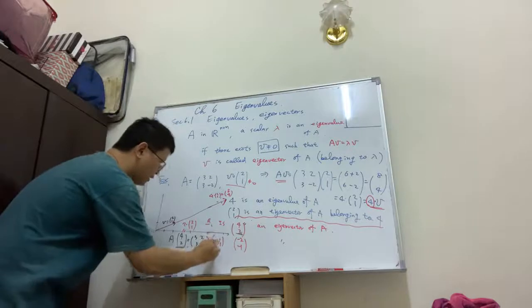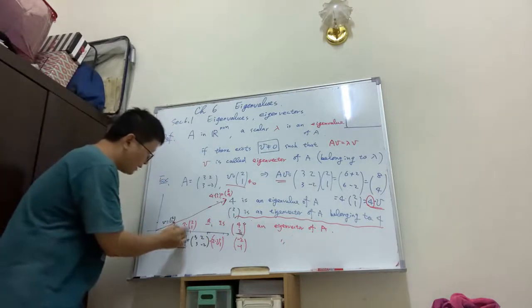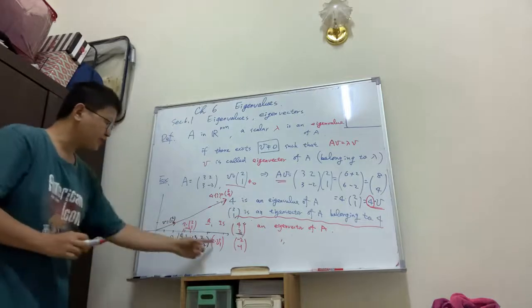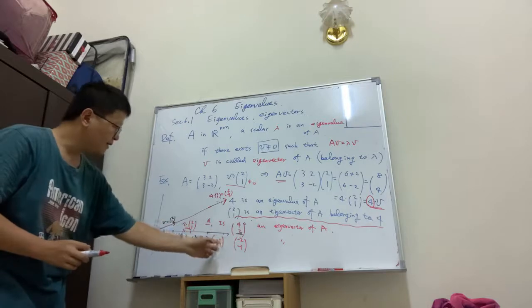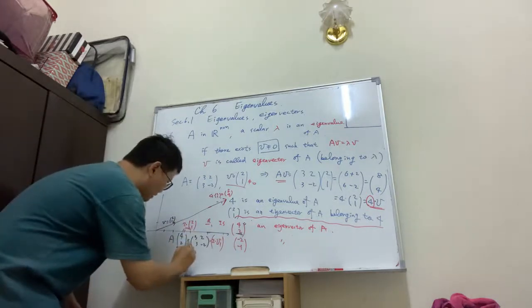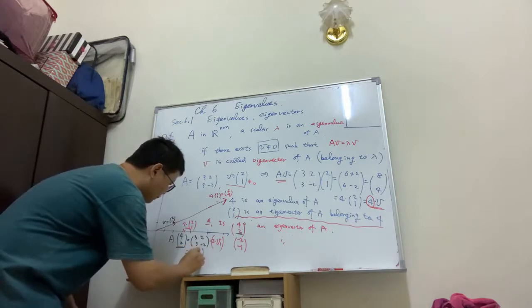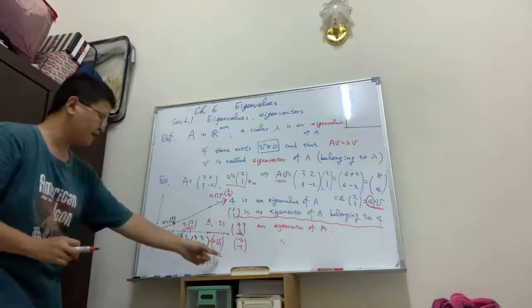But 2 is just a scalar, so we could take it to the right hand side or left hand side, that's fine. For example, we could write it this way: (3, 2; 3, -2) times (2, 1) times 2. Just multiplying by a scalar.